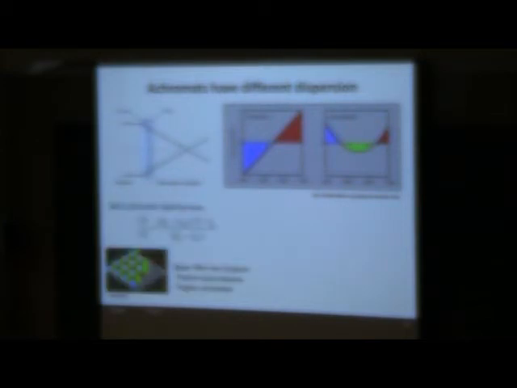So for this one, which is what we happen to have in the lab, we basically say that we're going to use, so this is the red, this is the blue, and this is the green. So we're going to average the red and blue because they're at the same focal shift. That's good because before we were only using 2 colors. Now we can use all 3 because we're averaging these 2 and then using green as the other one.